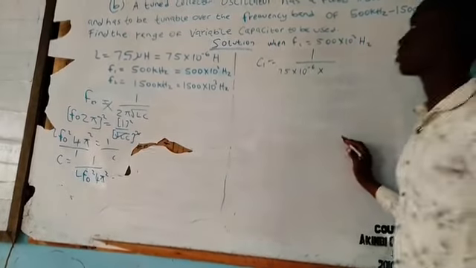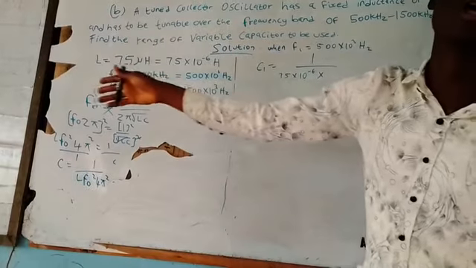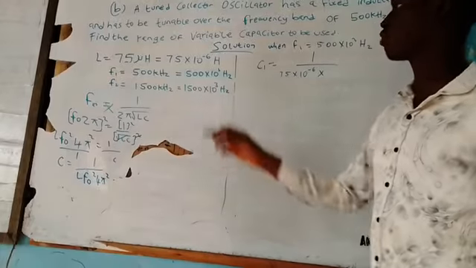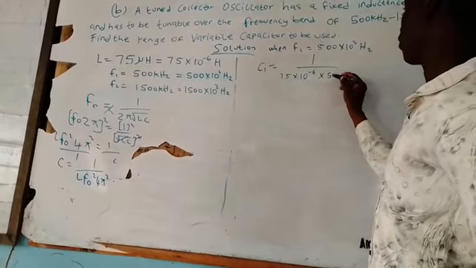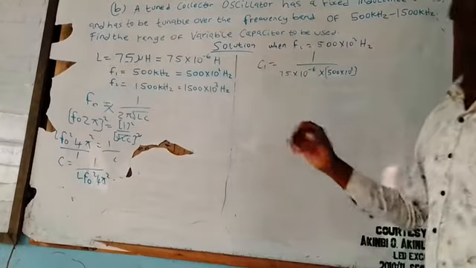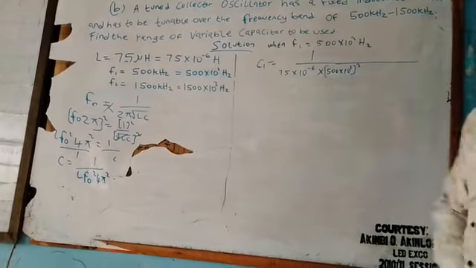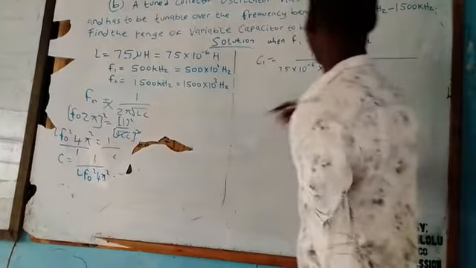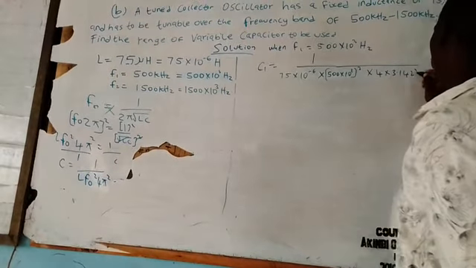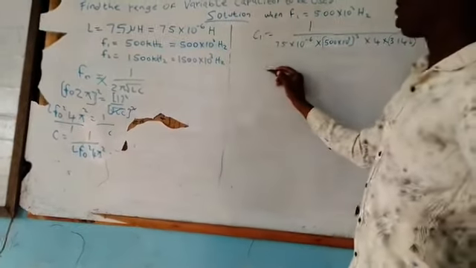So frequency 1 is 500 times 10 raised to power 3, that is 500 kilohertz. So I'm going to have 500 times 10 raised to power 3 in bracket square. Now we have 4 pi square, times 3.142 square, that's pi square.